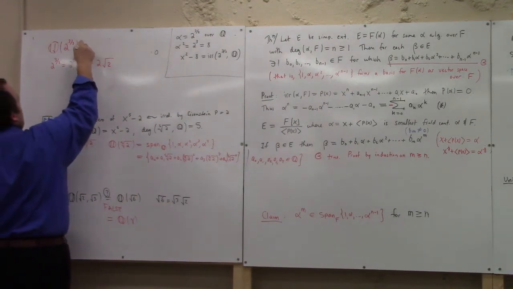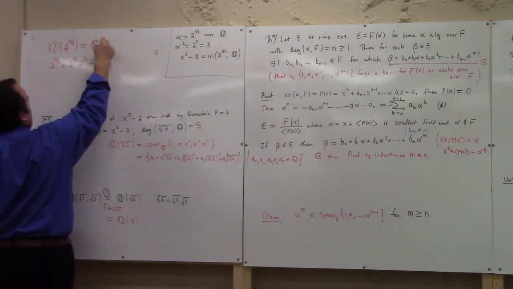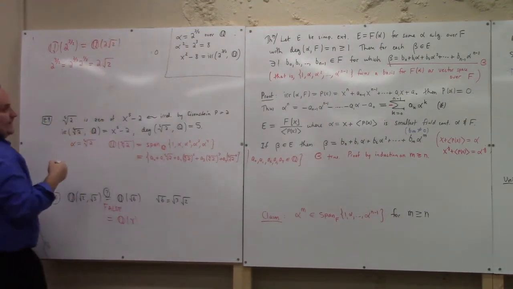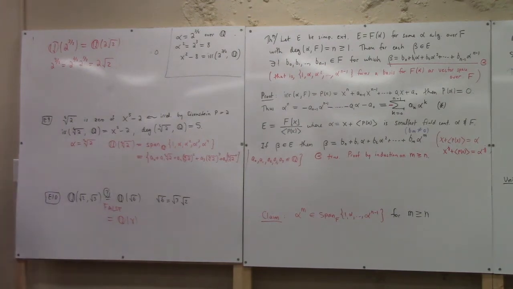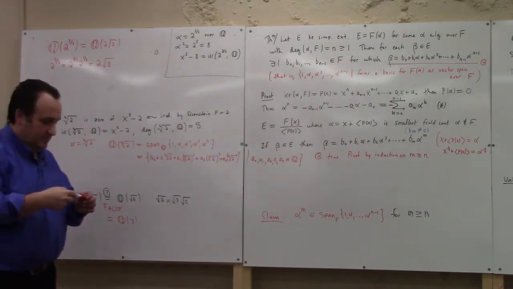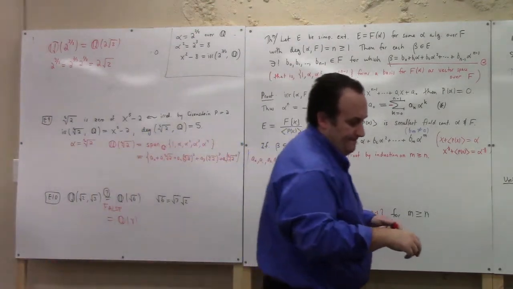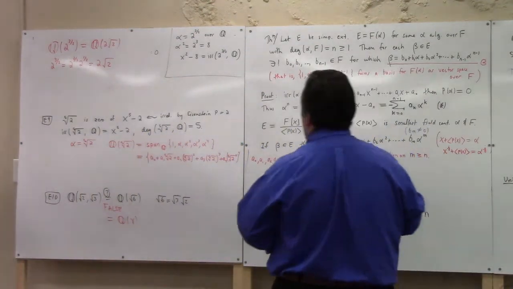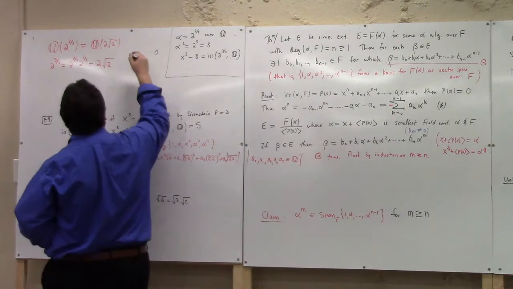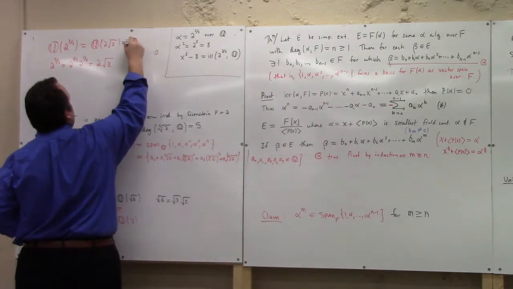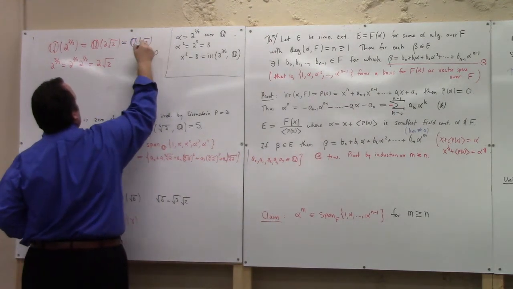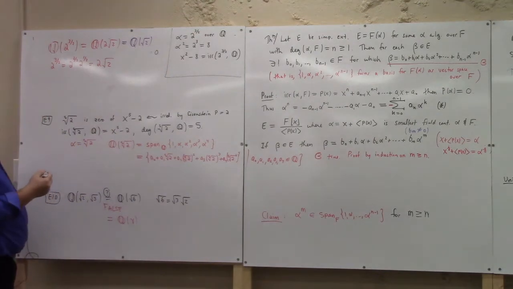So this is actually the same as Q adjoin 2 root 2. And it's not hard to prove that that in fact is nothing more than this: Q adjoin root 2.